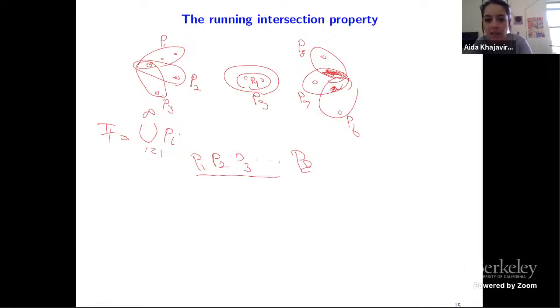Good. Now I remove P7. For P6, the intersection with the previous guys is the empty set, which is good. For P5, the intersection is P4, a subset of P4. Good. For P4, the intersection with previous is empty. You can keep doing that to verify this is a running intersection ordering. Therefore, F has the running intersection property. So this is the definition.